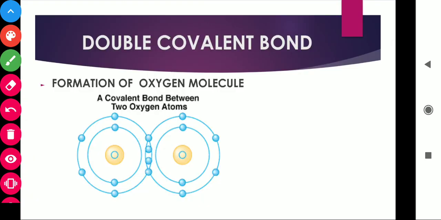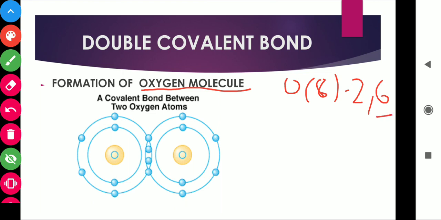Let's discuss the next one, that is double covalent bond. Here we have taken an example of the oxygen molecule, oxygen O, atomic number 8, 2, 6, means it requires 2 electrons. It means it is formed by sharing of 2 electrons from each atom.